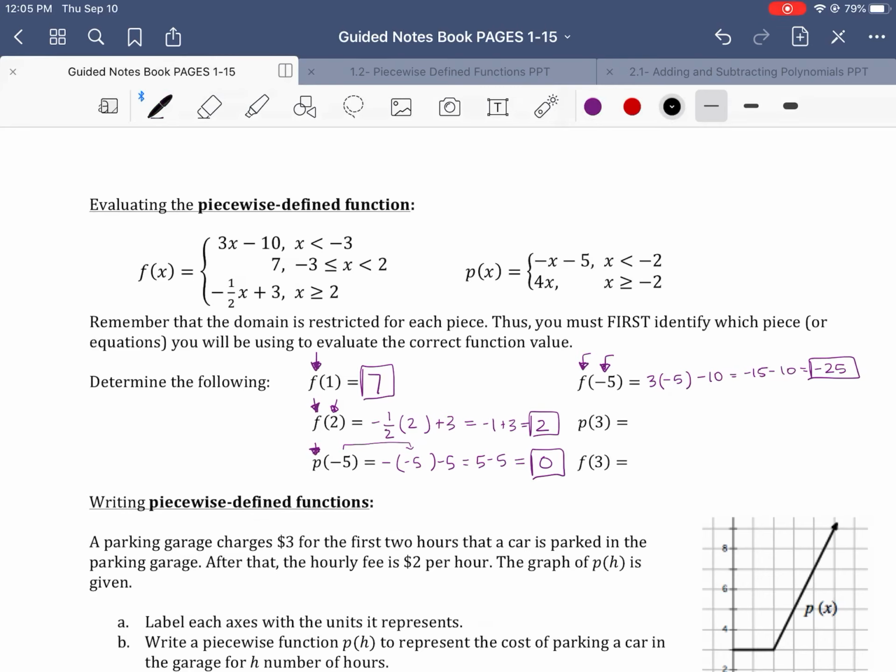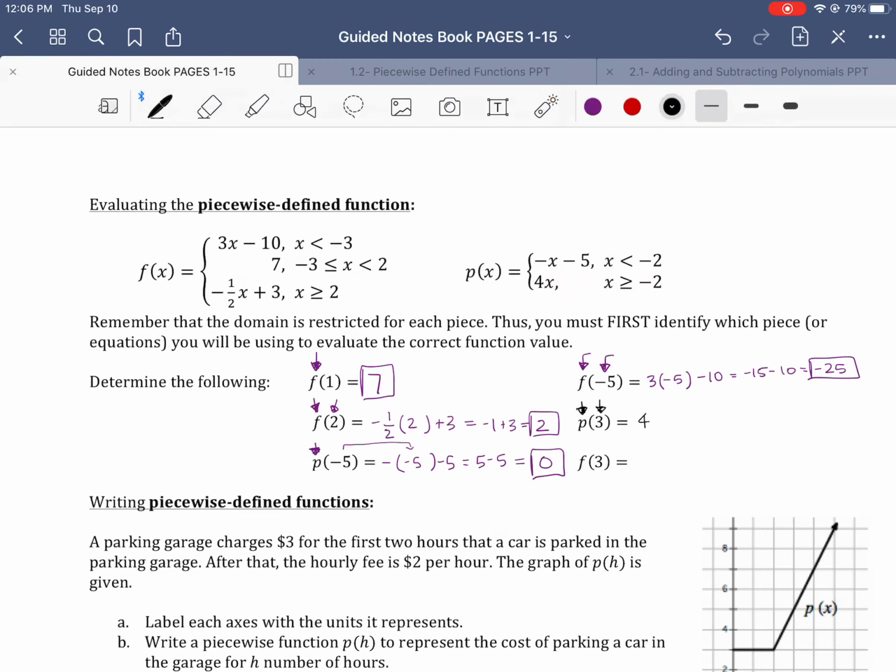Okay. The next one, again, we're using the p function, and we're evaluating at 3. So we're going to use this one over here, and we ask, is 3 less than negative 2? It's not. Is 3 greater than or equal to negative 2? It is, right? So we're going to use this piece of the function.